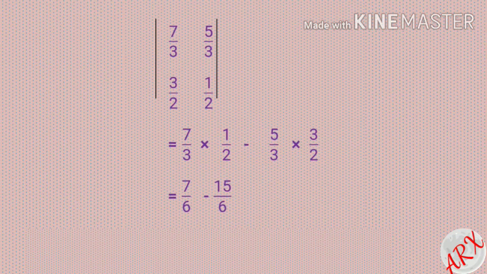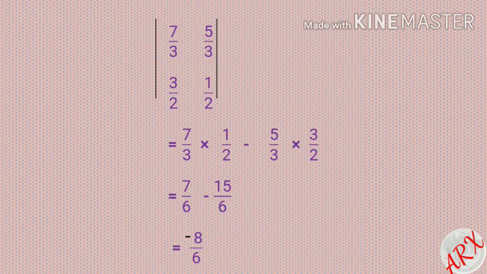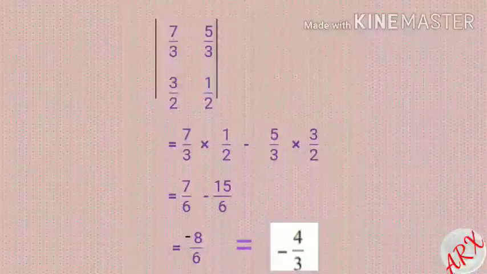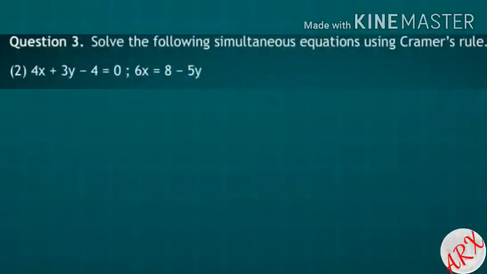So the answer will be 7 ones are 7, upon 3 twos are 6, minus 5 threes are 15, upon 3 twos are 6. Now the answer will be 7 minus 15 equal to minus 8 upon 6. After simplification, we will get minus 4 upon 3. Now we will move on to question number 3.